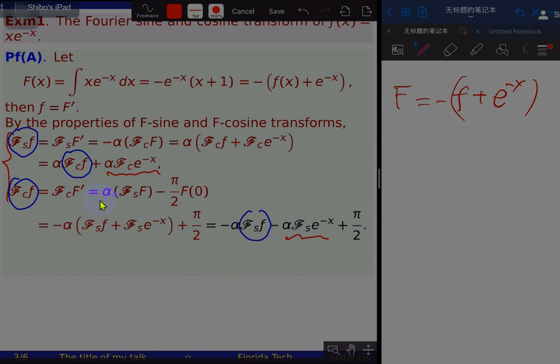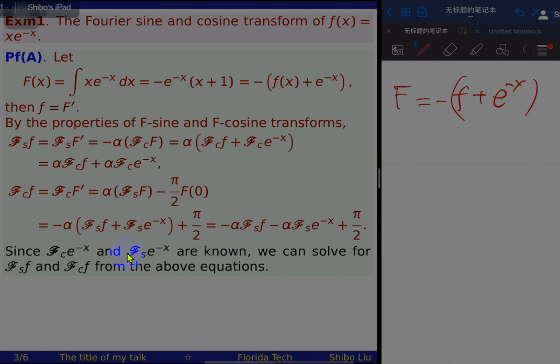So we can solve these 2 equations with the 2 unknowns, the Fourier cosine applied to small f and the Fourier sine applied to small f, and then get the result. I will not complete the computation here. Okay, this is the first method we can solve this problem.